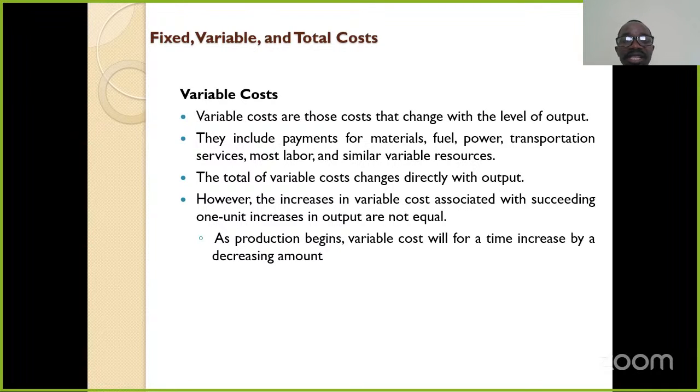As we add more variable resources, the cost will continue to change, and at the same time the level of output will also be changing. These include costs for materials, fuel, power, transportation, cost of labor, services, and all other similar variable resources used in production.